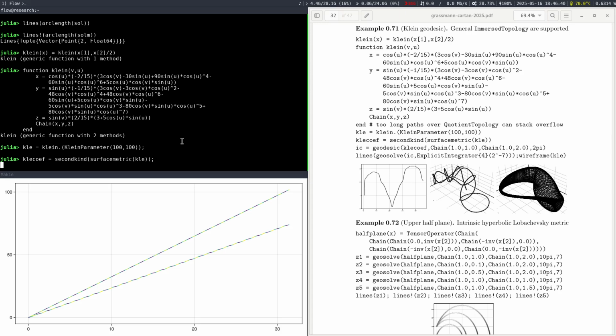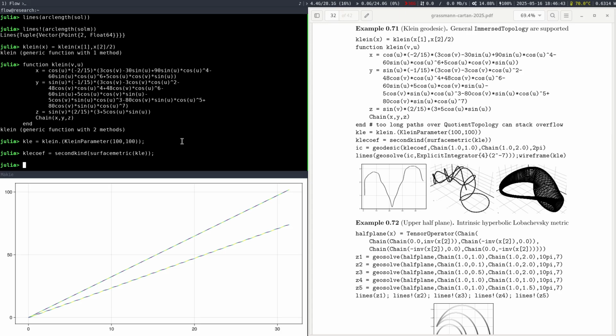So we compute the Christoffel symbols on the FrameBundle. And then we set the geodesic initial condition. Select a point and a direction.